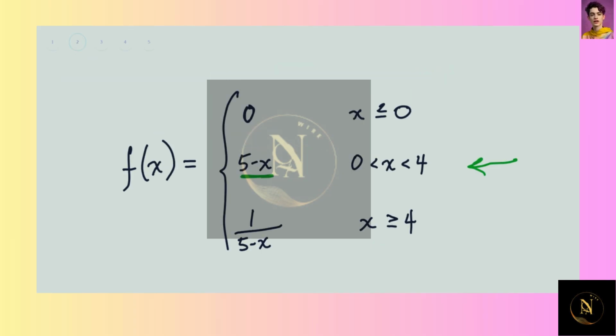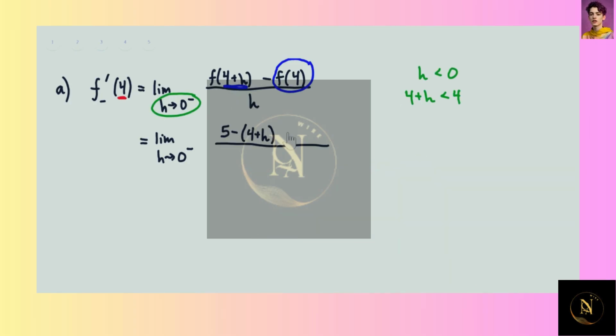We want f of 4, and 4 is certainly in this part of the domain, since 4 is greater than or equal to 4. Therefore, we'll use that part of the definition with the input 4, which is 1 over 1, which is 1. So f of 4 is 1. Let's remember that. And we write 1 instead of f of 4.